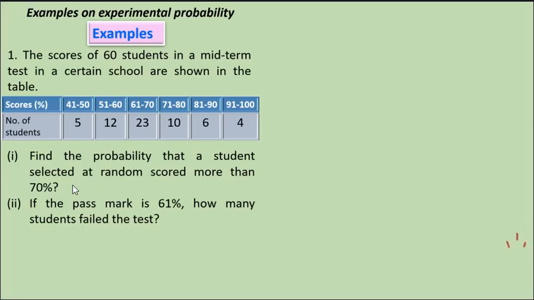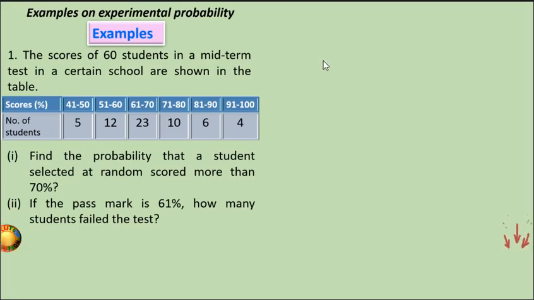Now, if the pass mark is 61%, how many students failed the test? This is the experimental probability because we are conducting an experiment based on the result of a certain subject in a certain school, and then we are seeing the outcome.